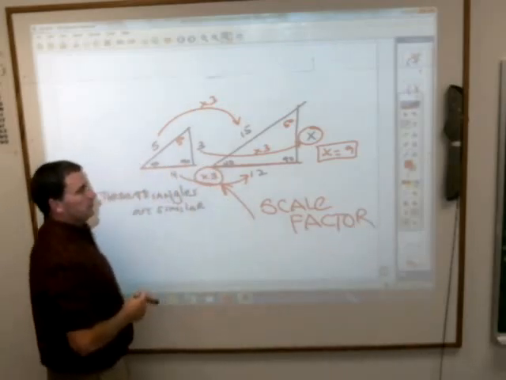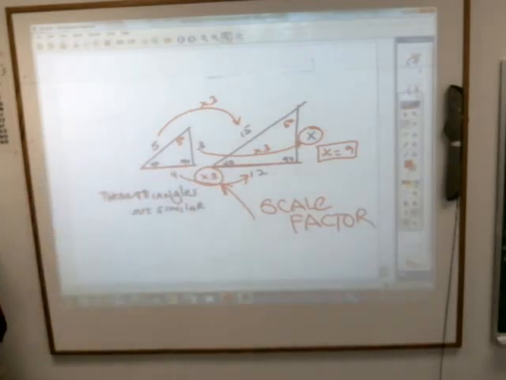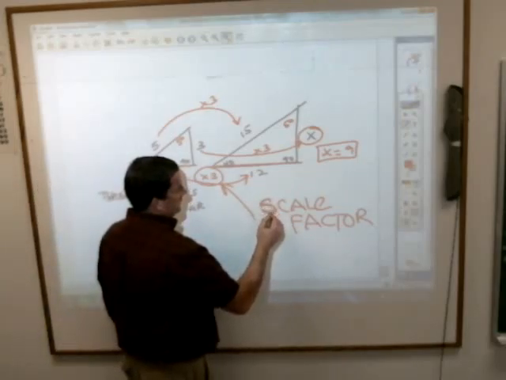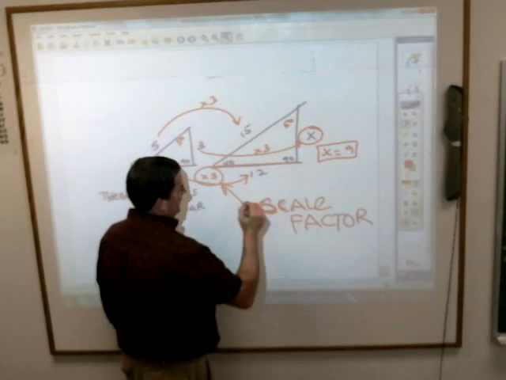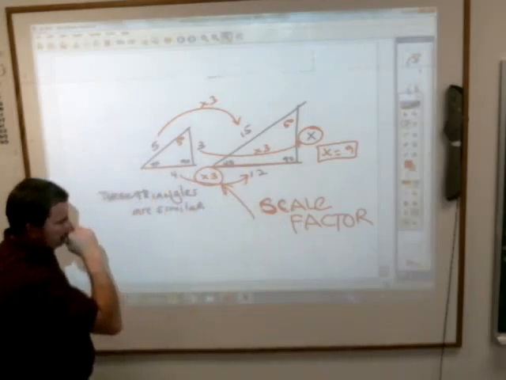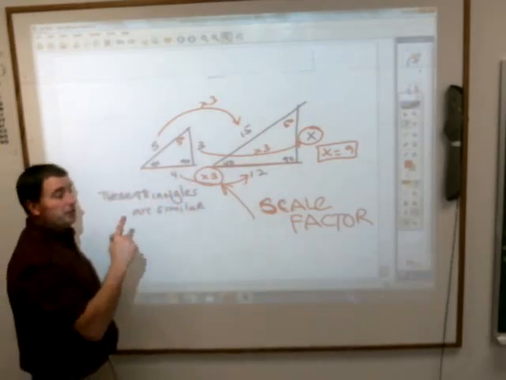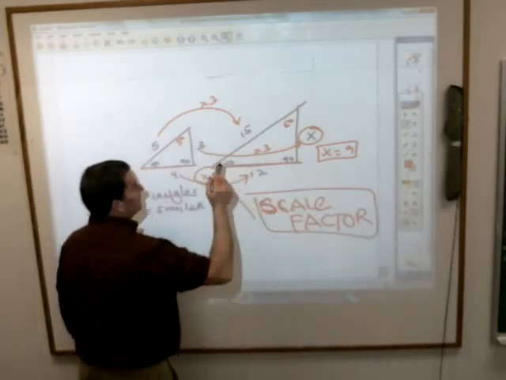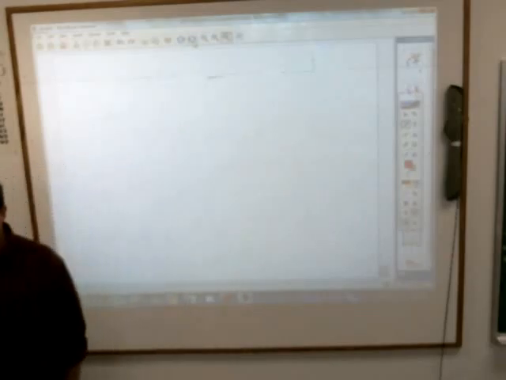If I gave you a nickel for every time in the next year and a half that you'll hear the word scale factor, you would probably have enough to buy a couple peanut butters. Not much. Scale factor is just what number you multiply one by to get to the other one. That is scale factor.